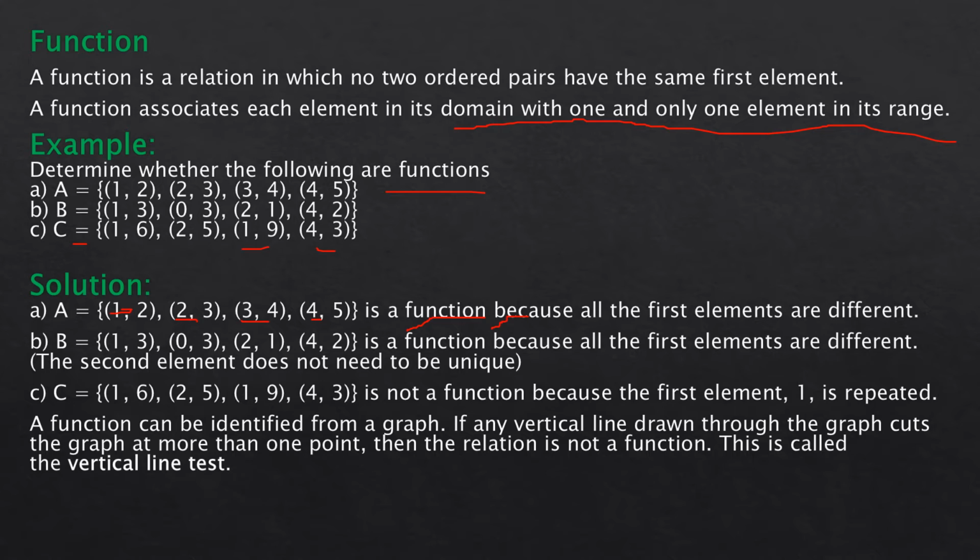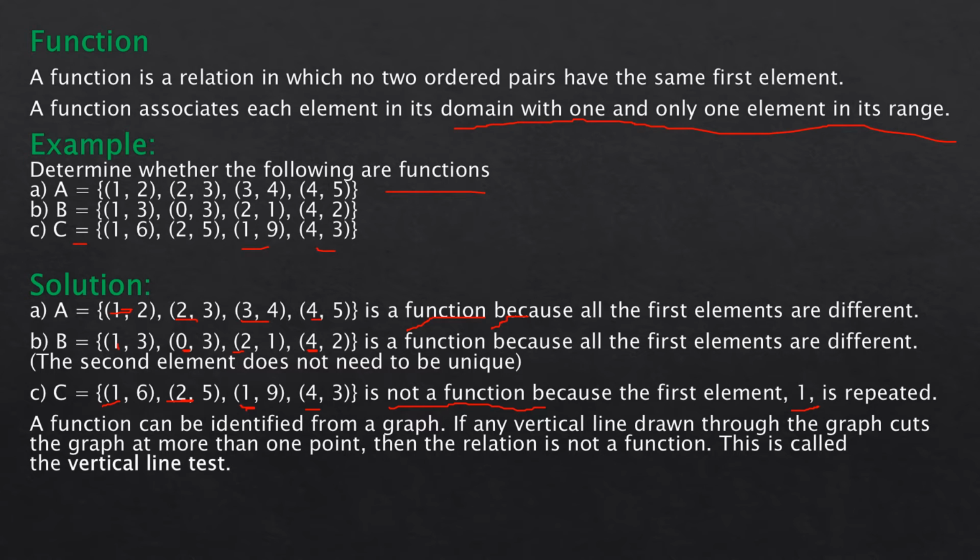We have 1, 0 and 2, they are different from each other. C, 1 to 6, 2 to 5, 1 to 9, 4 to 3, is not a function. Why? Because the first element, number 1, is repeated. The first element must not be repeated, so as they are repeated, it is not a function.